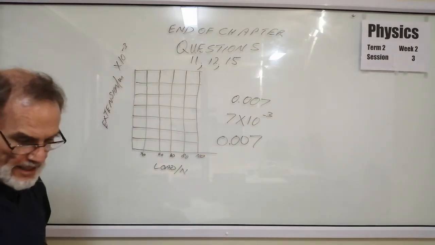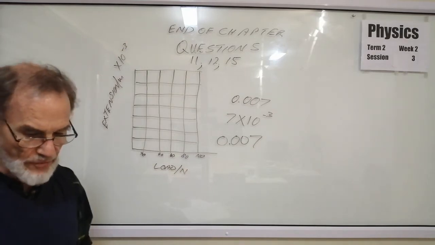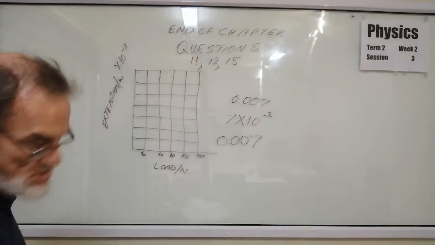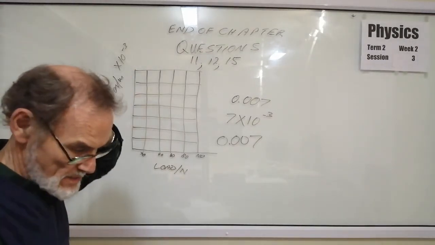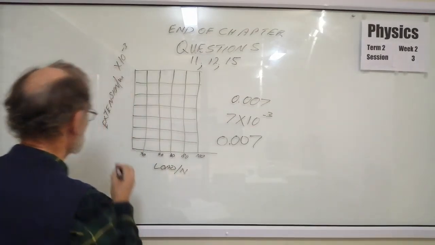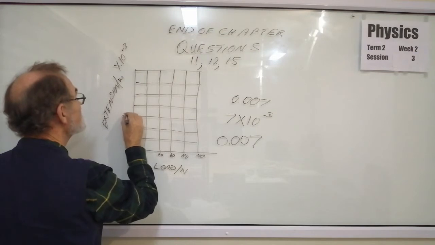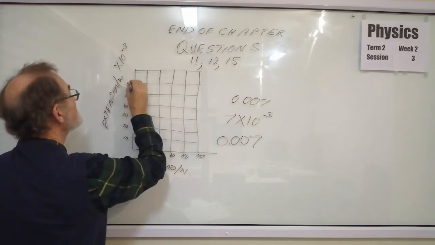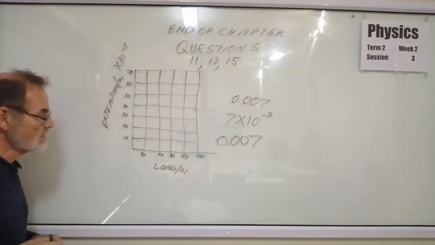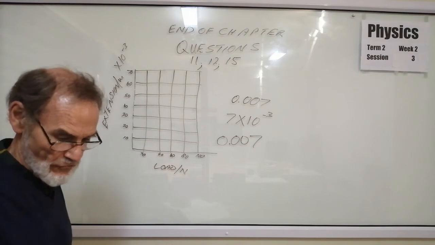So now we're going to mark these, and again we've got up to 70. 1, 2, 3, 4, 5, 6, 7. So we can mark it 10, 20, 30, 40, 50, 60, 70. Alright, now it's easy. Once you've done that, it's just a question of reading it off.